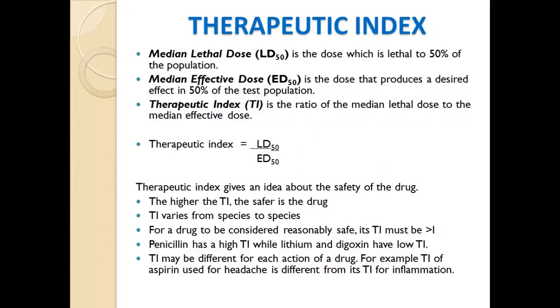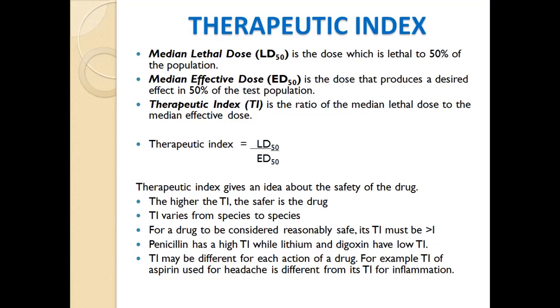And the median effective dose is the dose that produces a desired effect in 50% of the test population. Therefore, therapeutic index is the ratio of the median lethal dose to the median effective dose. Therefore, the formula for therapeutic index is equal to the median lethal dose by the effective dose.